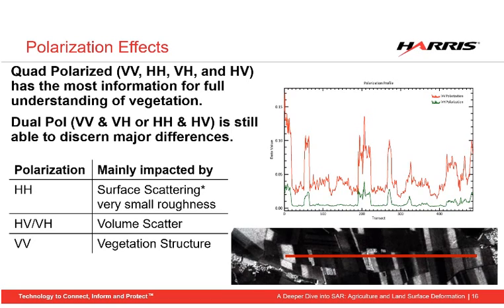VV backscatter is affected greatly by the vegetation structure, such as the stem, branches, leaves, and flowers of the crops of interest. However, if the vegetation is dense enough, VV and VH will have the same responses, as they will be unable to pierce through the canopy layer.